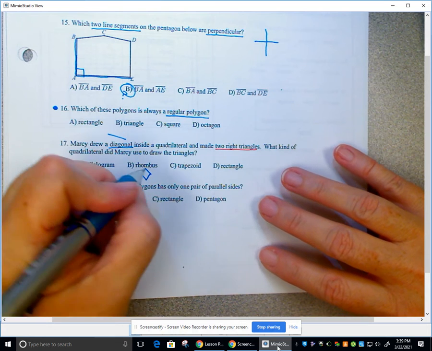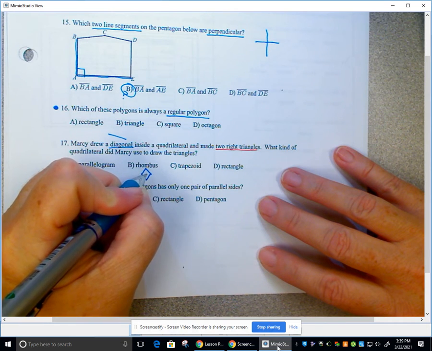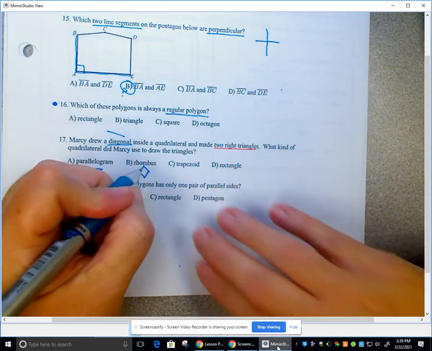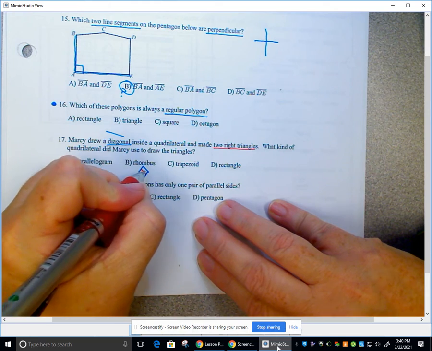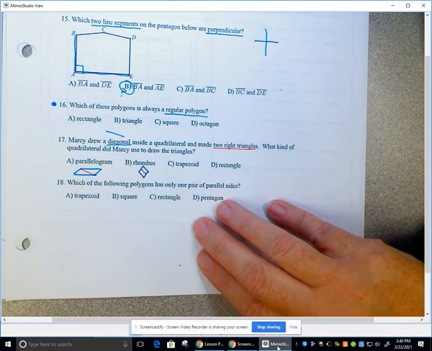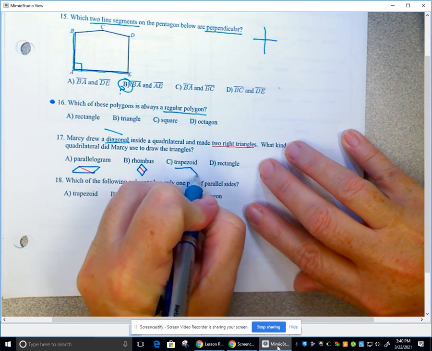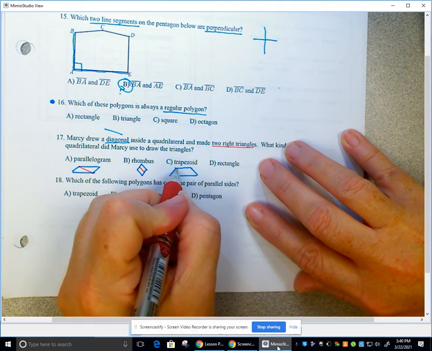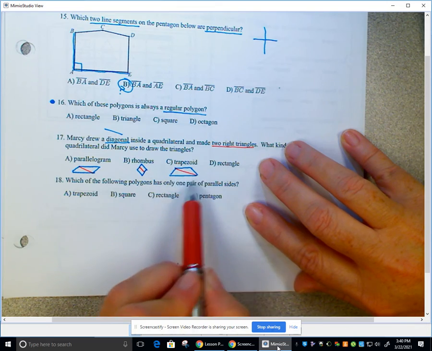That's probably not very good, but if I draw a diagonal through that, that would almost make two parallelograms, wouldn't it? That'd make two parallelograms. All right, then a trapezoid looks like this. And if I draw a diagonal, none of these are right angles.